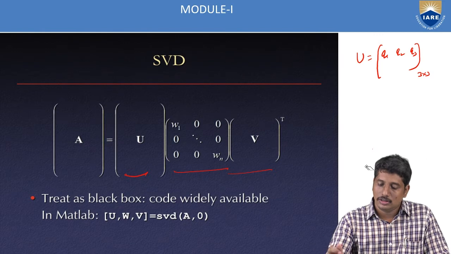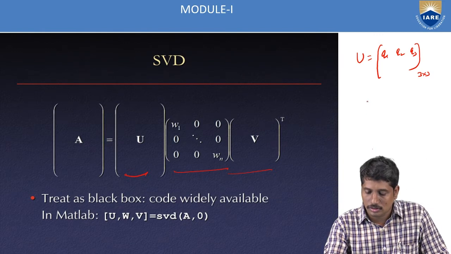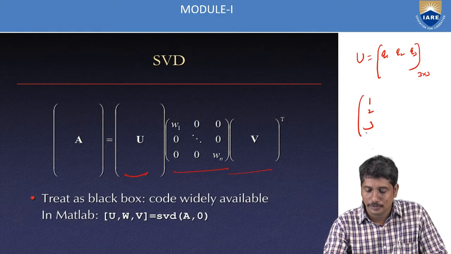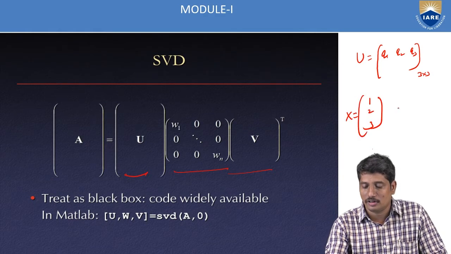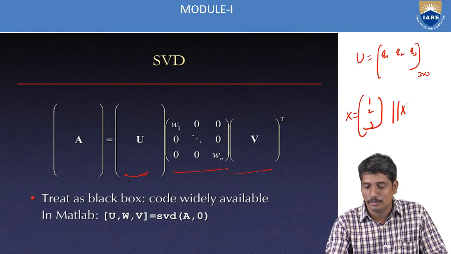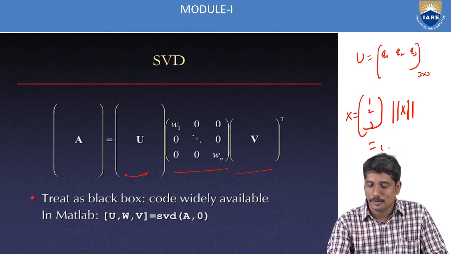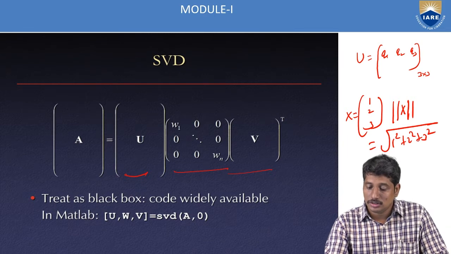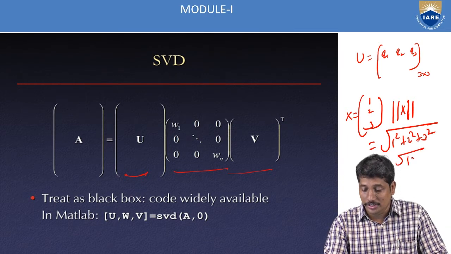Now suppose we have a vector 1 2 3. What is the norm of this vector? The norm of x, denoted by norm x, is the root of 1 square plus 2 square plus 3 square, that is root 13.